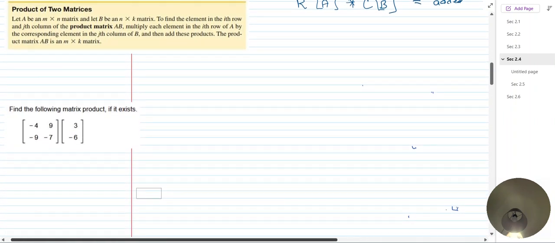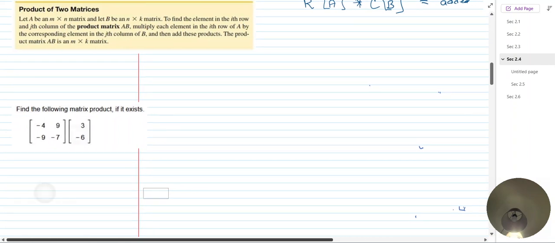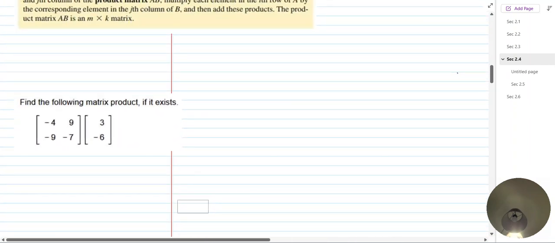So we're going to do this one, right? And this one's easy because we have a 2 by 2 square matrix, and this is a 2 by 1. All right. So this means I'm going to have my row times my column.